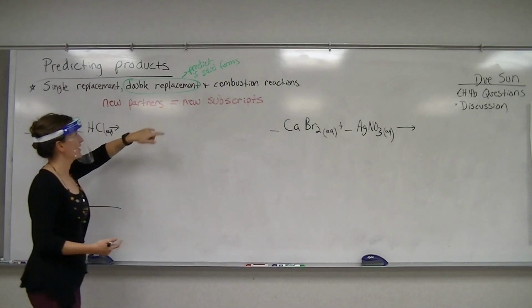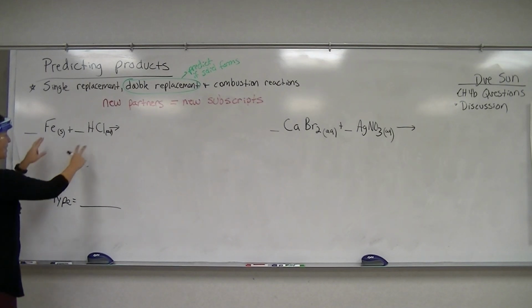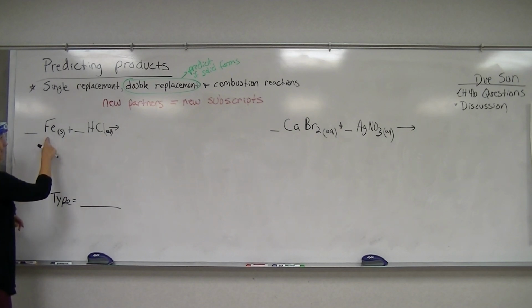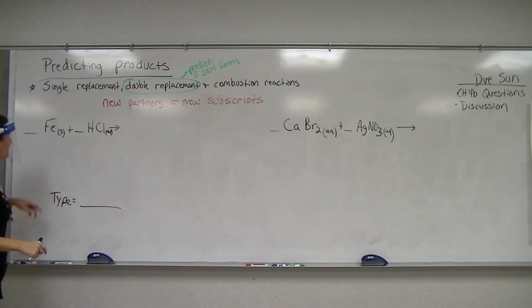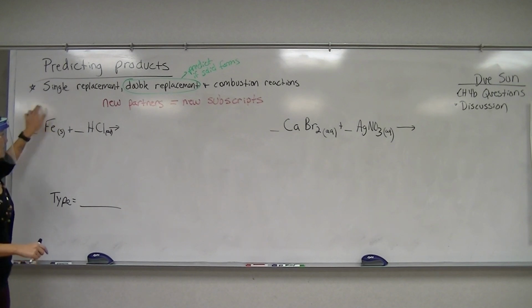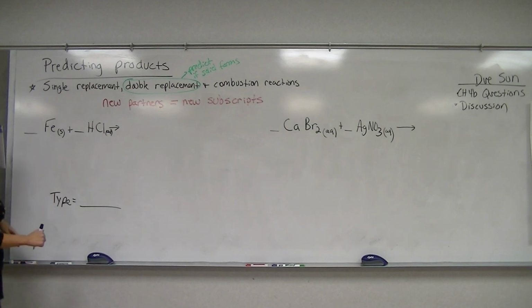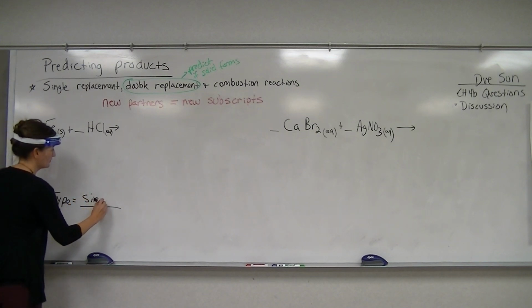Double replacement is two compounds reacting and switching partners, and we don't have two compounds, we have one compound and one element by itself. So that narrows it down and tells us it's single replacement, because single replacement has an element by itself switching places with a compound. So the type is single.